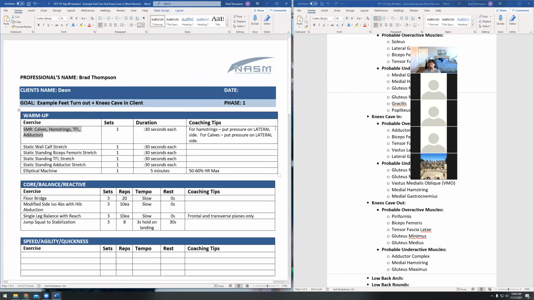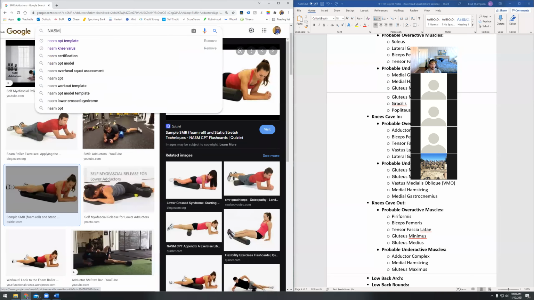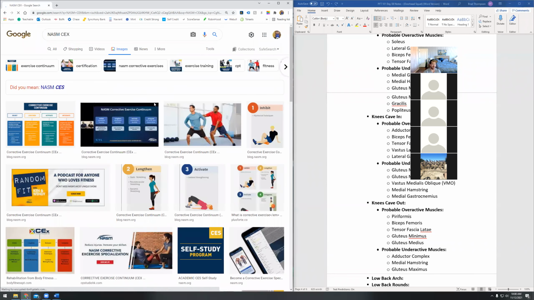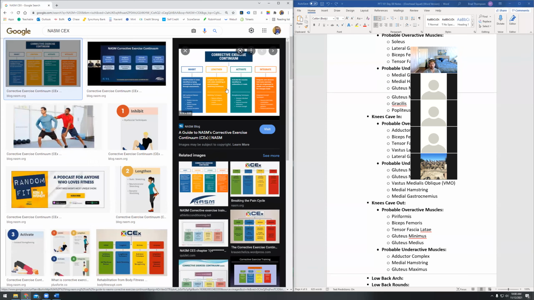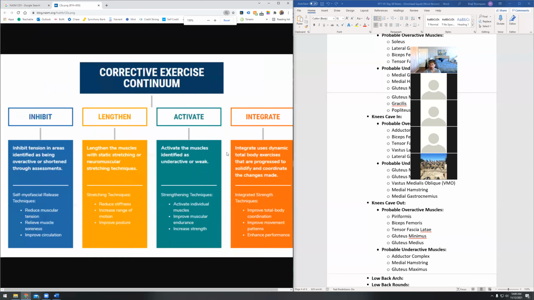So once we foam roll those things, we're working our way through this 4-step process here. We call it the corrective exercise continuum, where we start by inhibiting, trying to turn off any of our overactive muscles, right? So inhibition is relieving tension by using massage techniques, massage guns, foam rollers, lacrosse balls, all of that self-myofascial release stuff.